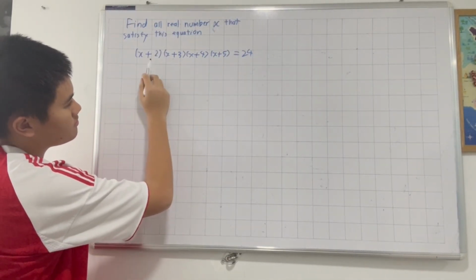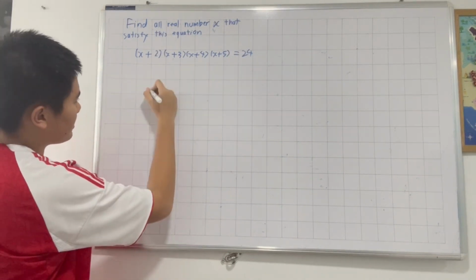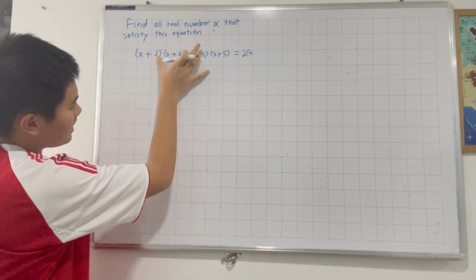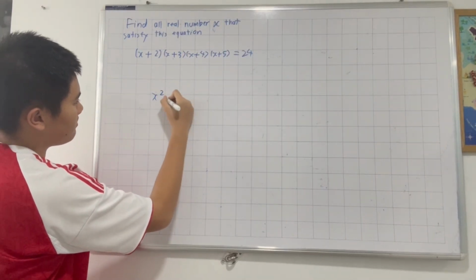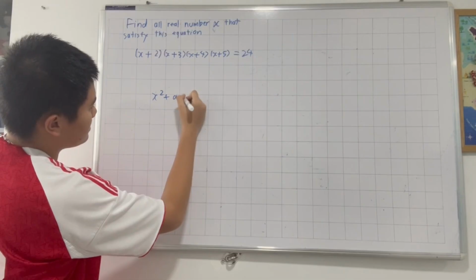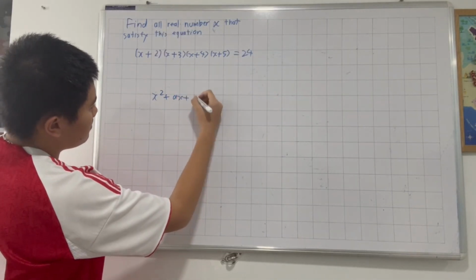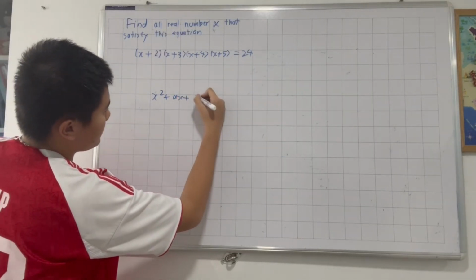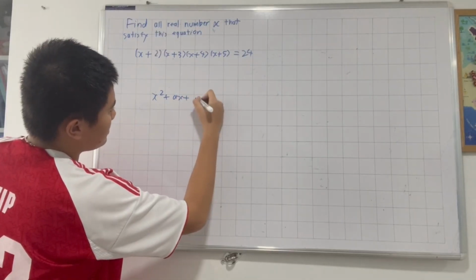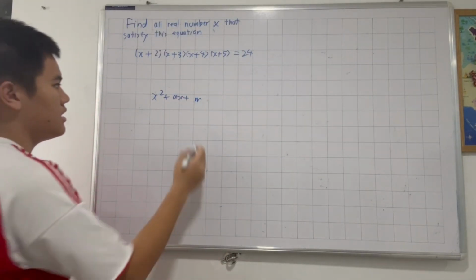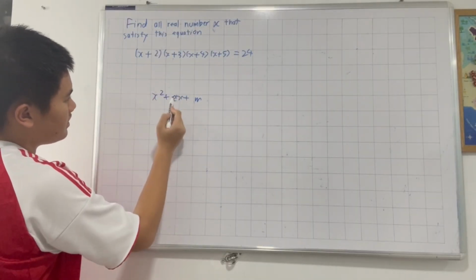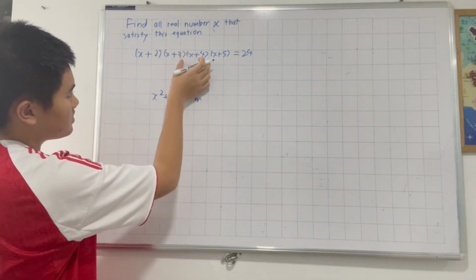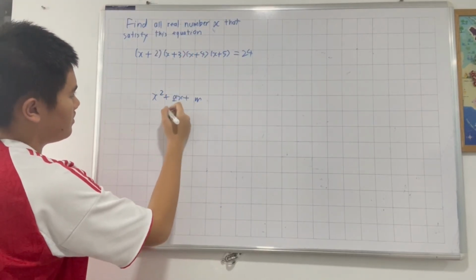When expanding two of these, you get something like x squared plus ax plus m, a random number. You'll notice that a is the sum of the two numbers.